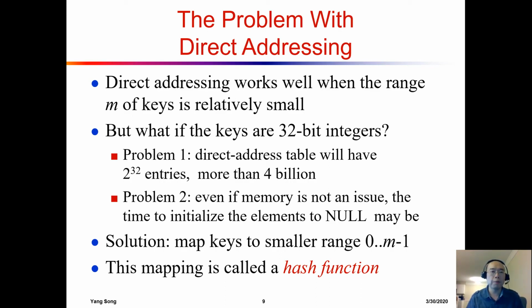The concept of the symbol table itself is okay, but we have to somehow make the table size manageable. So the solution is, even though we can have a big variety of possible keys and the range of the keys can be really large, we want to make m small enough.